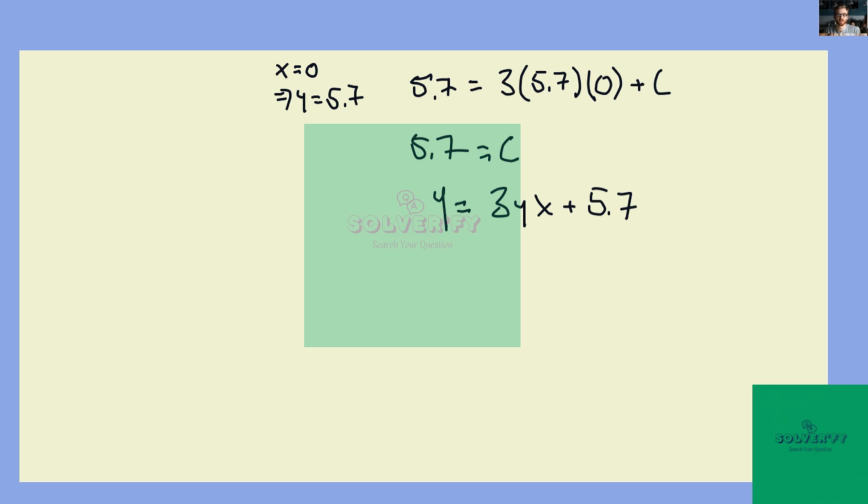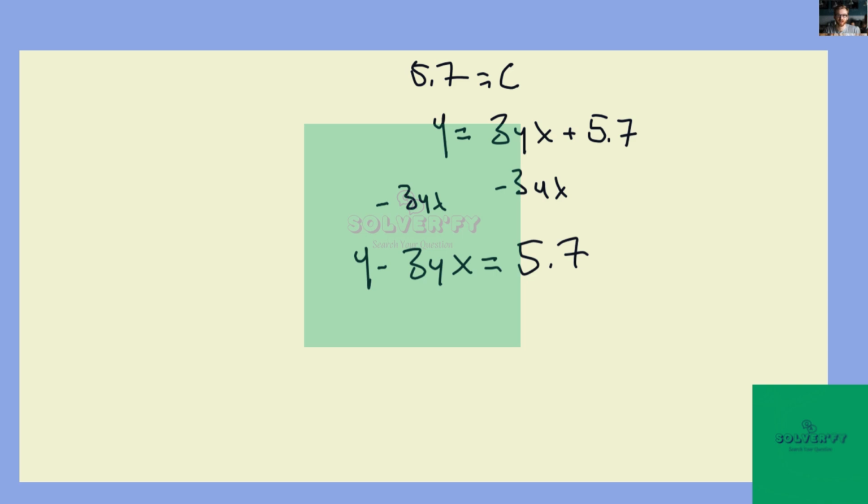And typically, we could say we're done here. This could be considered our particular solution, but it's kind of standard to get your y on one side of the equation. So that's going to be our next step. We'll subtract 3yx from both sides to get y minus 3yx equals 5.7.